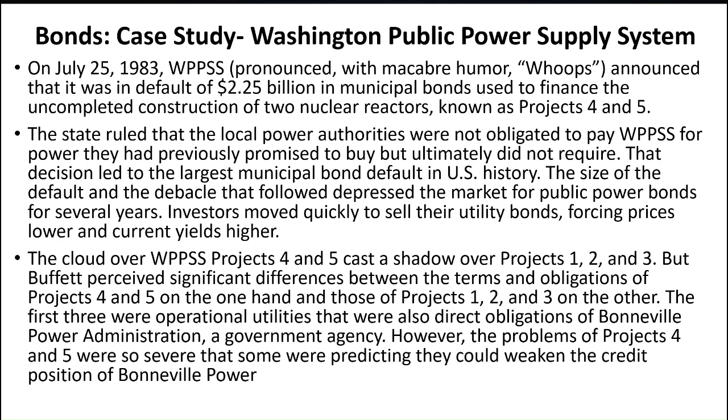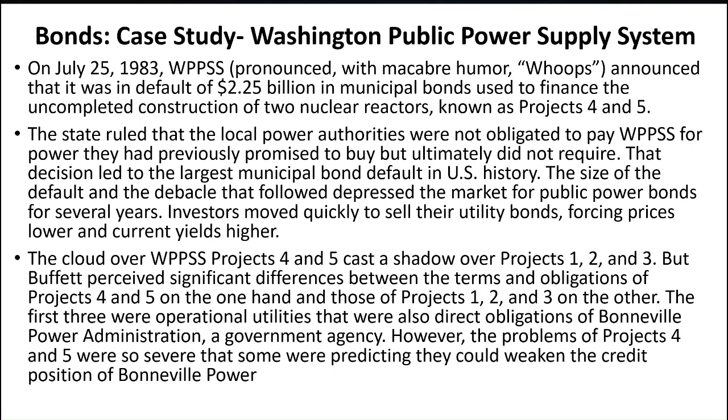The state ruled that the local authorities were not obliged to pay WPPSS for power they previously promised to buy, but ultimately did not require. So there was a decision.